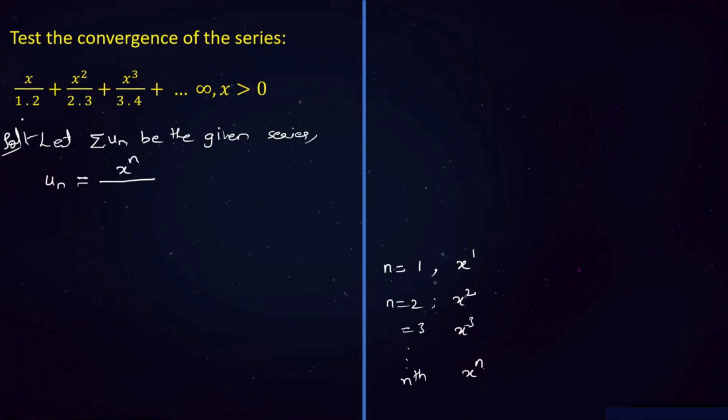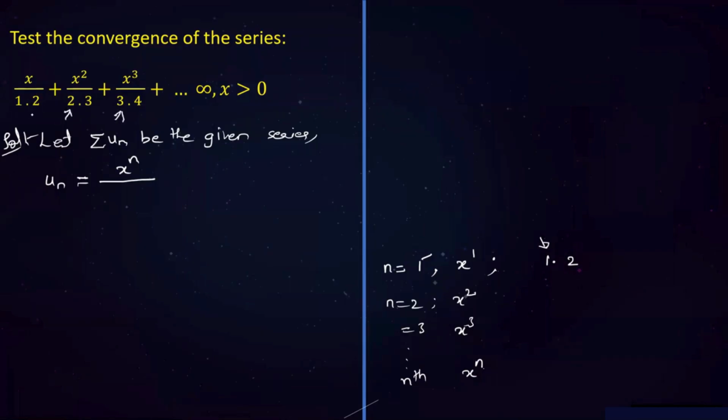It's fine. Look at the denominator now. When you take the first term, n equal to 1, see what you have in the denominator: 1 multiplied by 2, 1 into 2, right? For the first term, it started with number 1. In the second term, it started with number 2. In the third term, it started with 3.